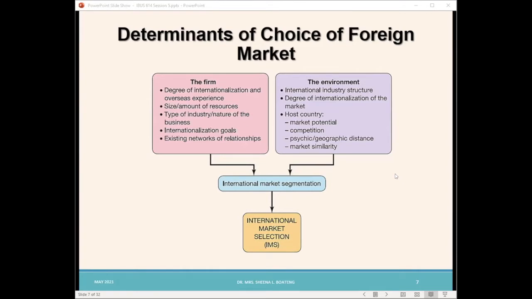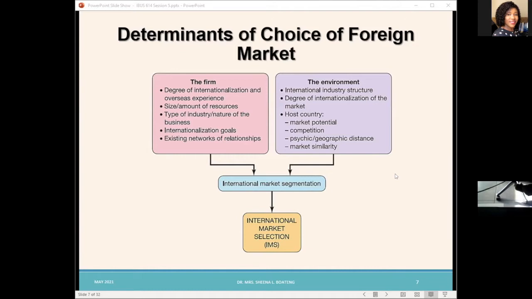So the elements of SWOT that we will see in the pink box that relates to the firm include the firm's strengths and weaknesses, such as their degree of internationalization and overseas experience, as well as the size and amount of resources that they have, along with the type of industry that they operate in or the nature of business that they engage in, as well as their goals for embarking on this global marketing or internationalization drive, and the existing network of relationships, which we learned from the interaction theory, particularly the network model, can go a long way to determine whether or not a firm is able to successfully internationalize.